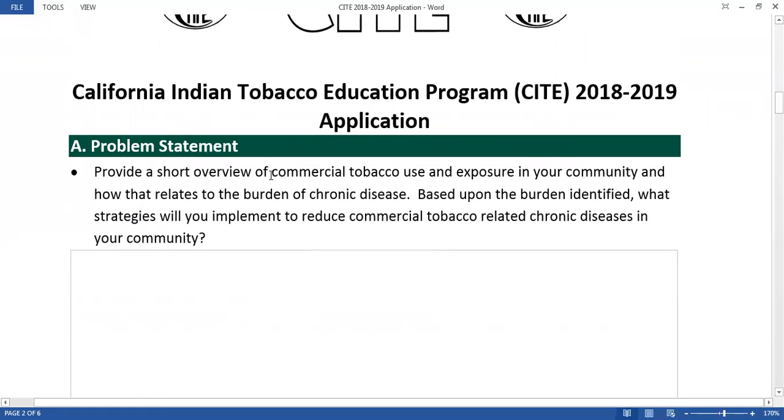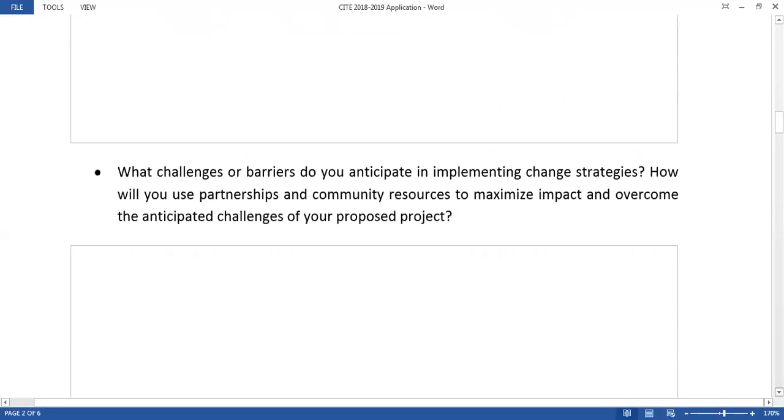You want to describe the use and exposure of commercial tobacco in your own community based off of a previous community health assessment, any data that you might have, and how that relates to chronic disease in your community, and then how will your proposed work plan objectives be addressing those needs or that burden. So that's what we'll be looking for in that question.